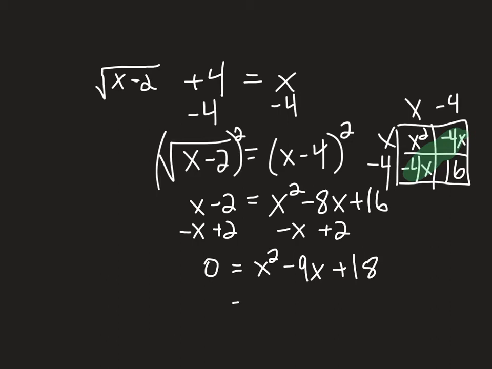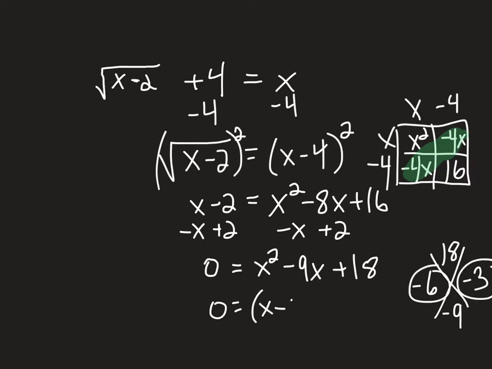We're looking for factors of 18 that add to negative 9. You should be able to come up with negative 6 and negative 3. Negative 6 times negative 3 is 18, and negative 6 plus negative 3 is negative 9. So this factors into x minus 6 and x minus 3.